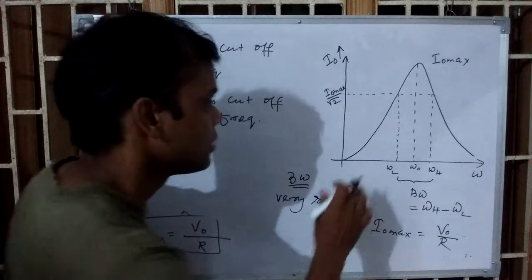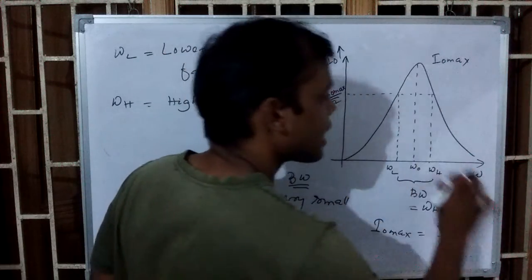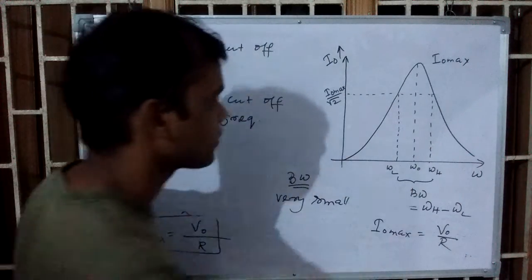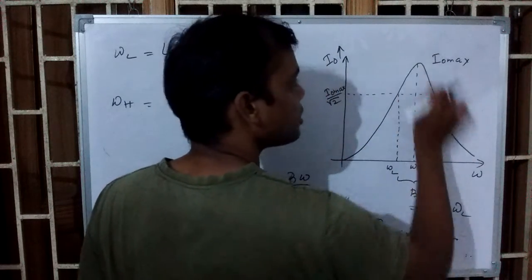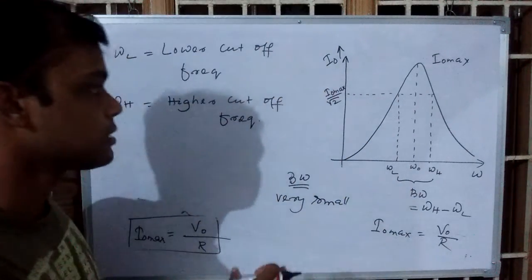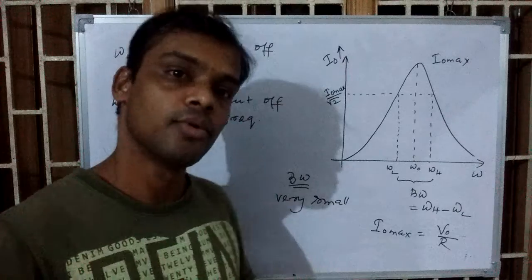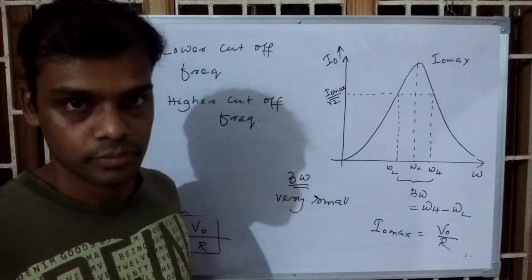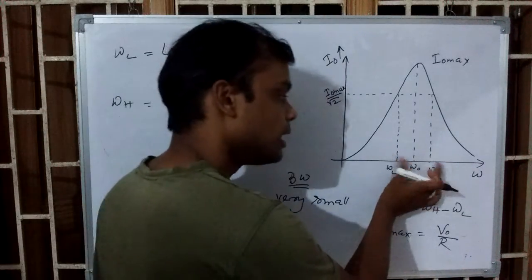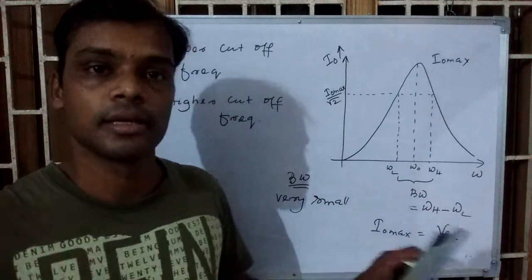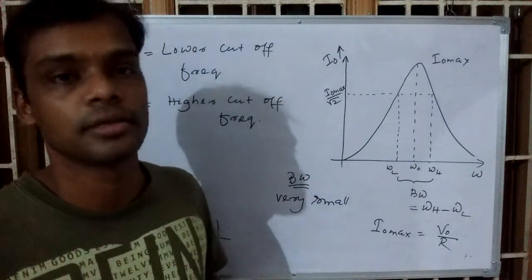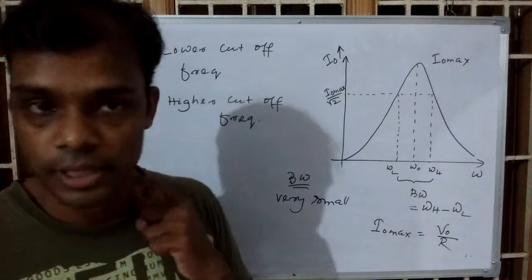In that case, this curve will become a sharp curve. If it becomes narrower, it will be pointed, and the more pointed it is, the sharper the resonance. In other words, the less the bandwidth, the sharper the resonance. This is called sharpness of the resonance.